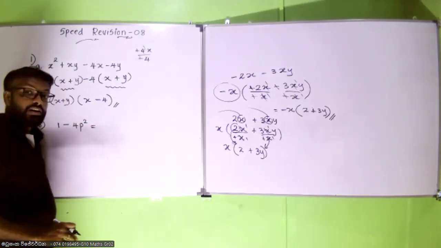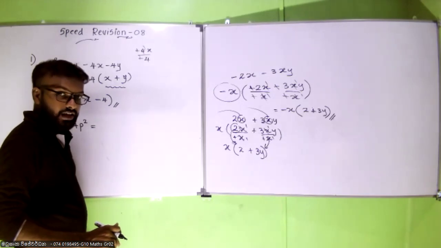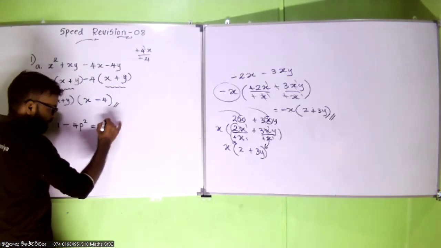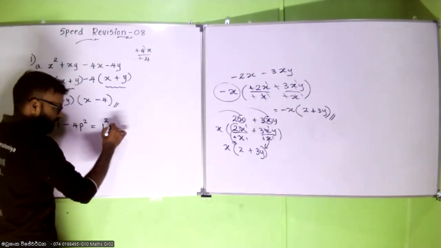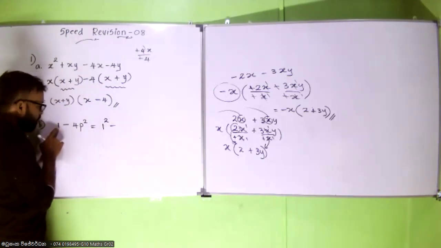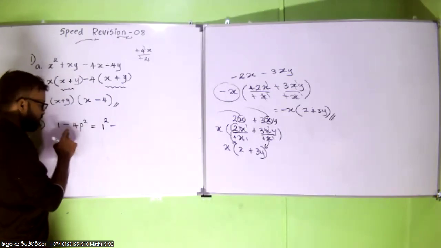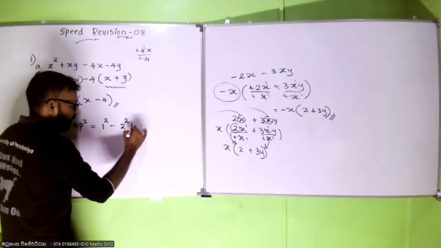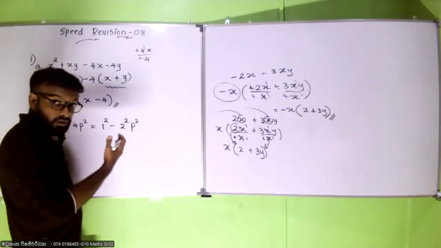So 1 can be written as 1 to the power 2, minus 4 can be written as 2 to the power 2, and p to the power 2.